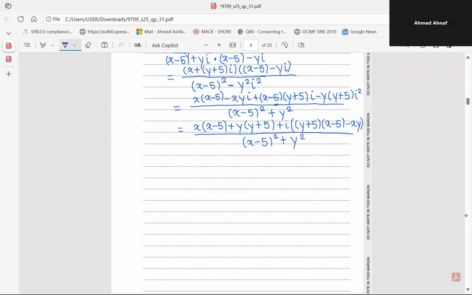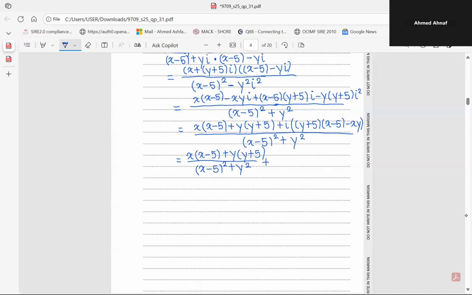Okay, now let's split up the fraction. So the real part would be x times x minus 5 plus y times y plus 5 over x minus 5 squared plus y squared.